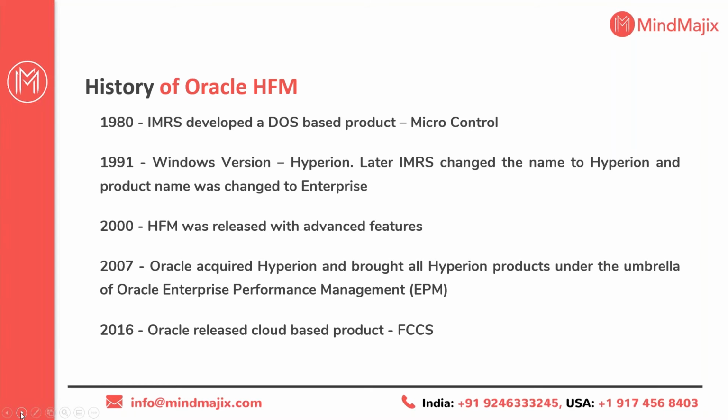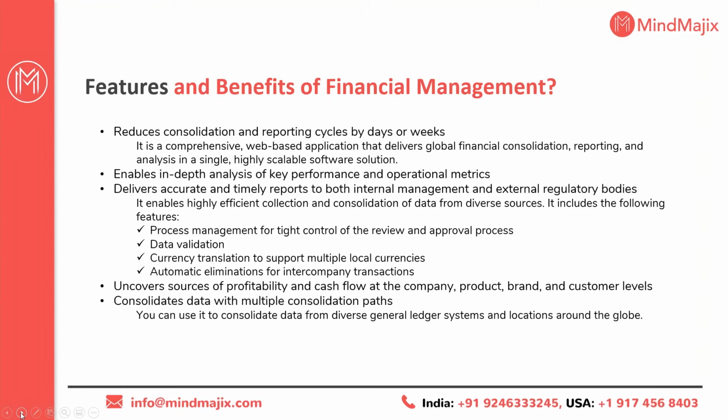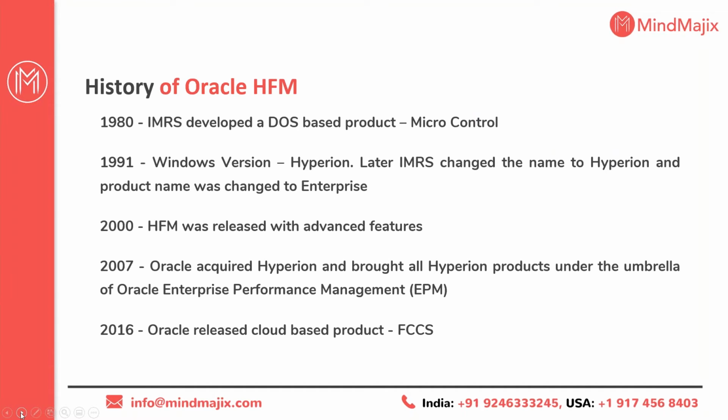Kaushik, one question. Hi, Shailesh. Can you go back to the previous slide? If a client approaches us and asks what options are available for HFM, as rightly said by you, there is on-premise, which is 11.2, and FCCS. In on-premise there is always an infrastructure cost involved, whereas in FCCS on cloud there is no infrastructure cost.